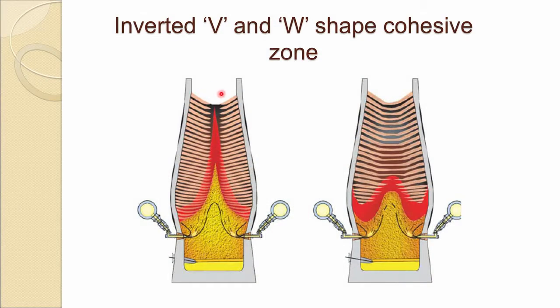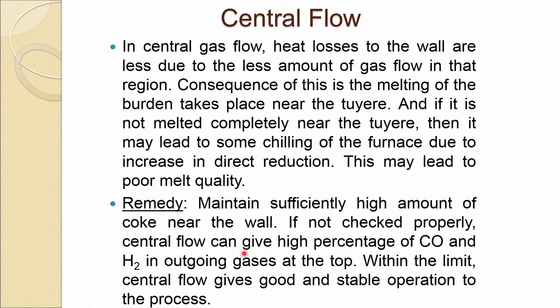So, in one way you are wasting the reduction potential of the gases, and the temperature also would be higher in the outgoing gases, and these are the indicators to the operator whether the furnace is running in a proper way or not. So, one has to take a corrective measure for that, and one of the measures is to increase the wall flow and make the reduction potential more uniform throughout the furnace, as mentioned in the remedy.